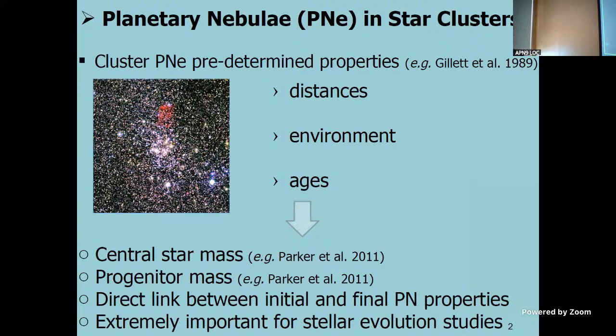As a result, they can help us determine very important properties that we cannot determine in other ways, such as the progenitor mass, and create a direct link between initial and final planetary nebula properties, which is extremely important for stellar evolution studies.